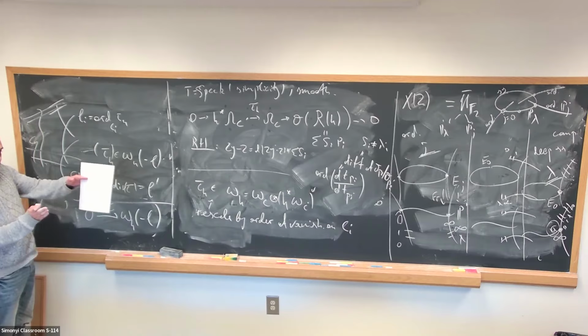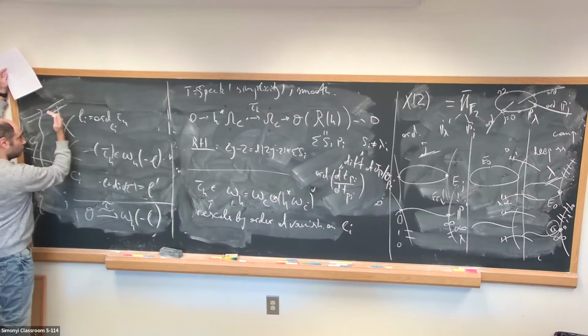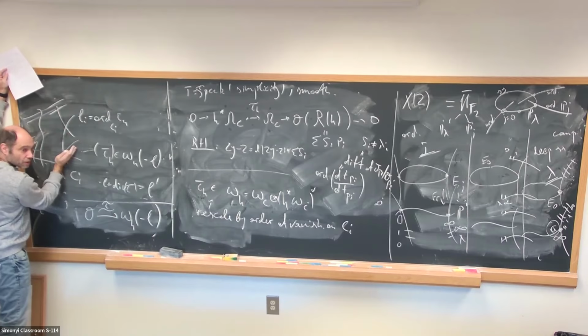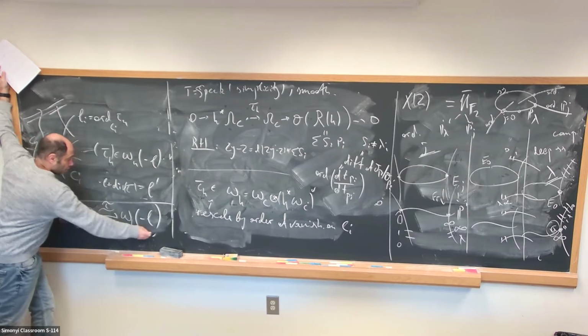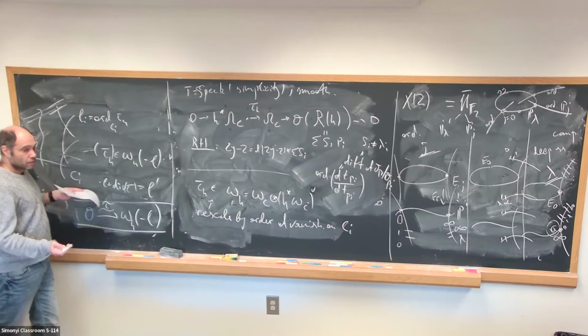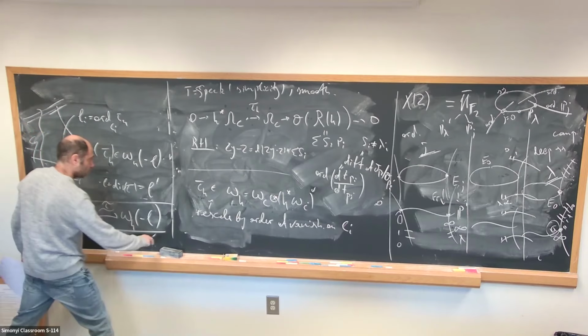So if I twist both by the divisor, by horizontal and by order of vanishing on vertical components, I just get no vanishing. So it's another formula to write this.